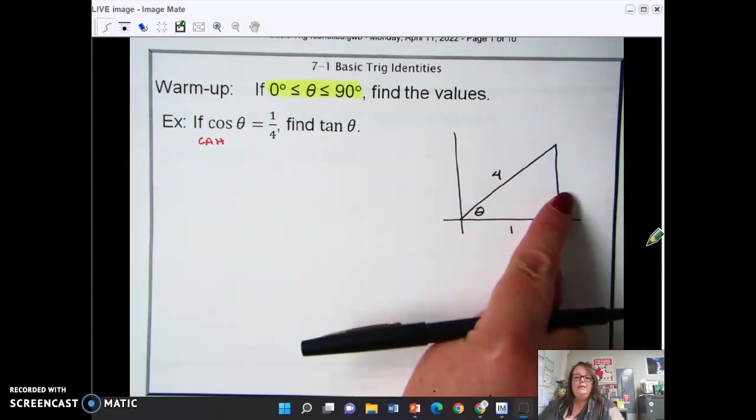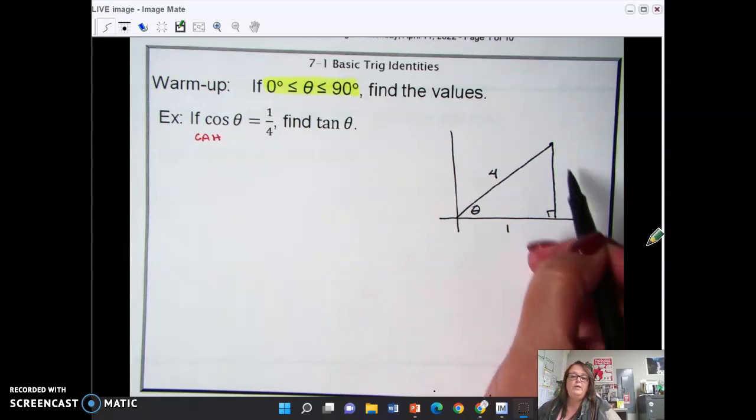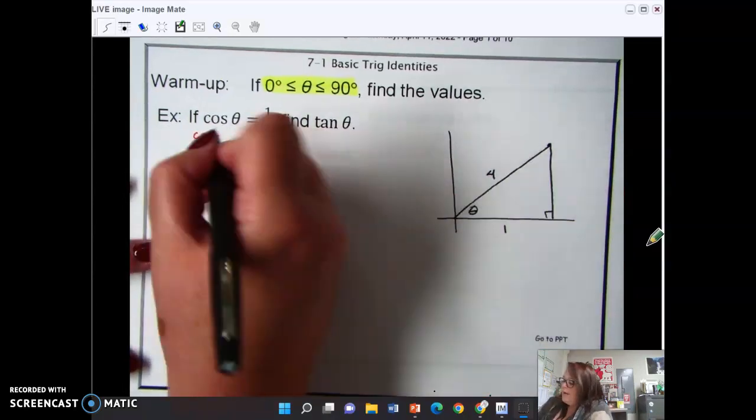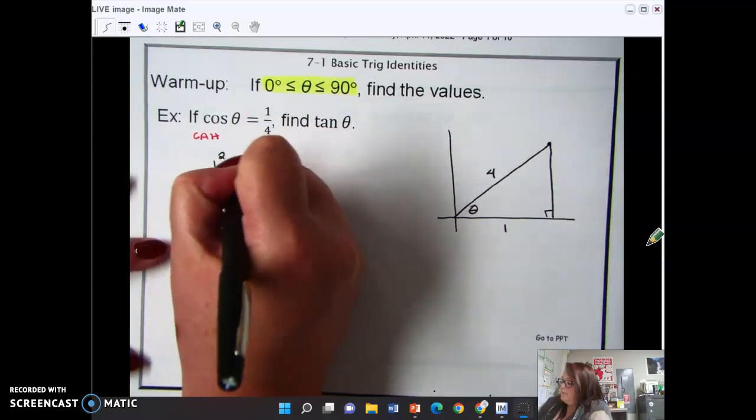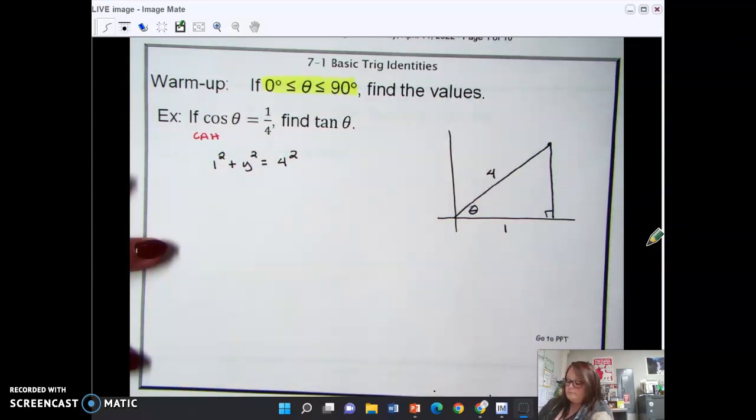So what we're missing in order to find tangent is the opposite. So we're going to call that y, because if we talked about this point right here, it would be 1 comma whatever that height is. So I'm going to say that a leg squared plus a leg squared is equal to the hypotenuse squared.